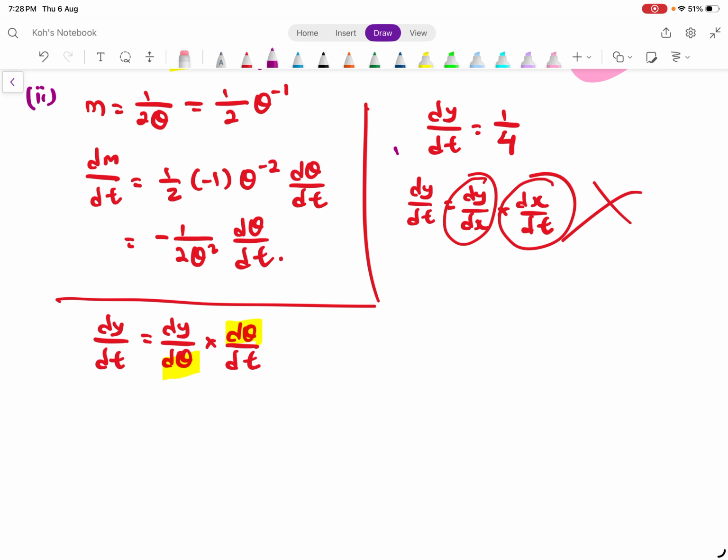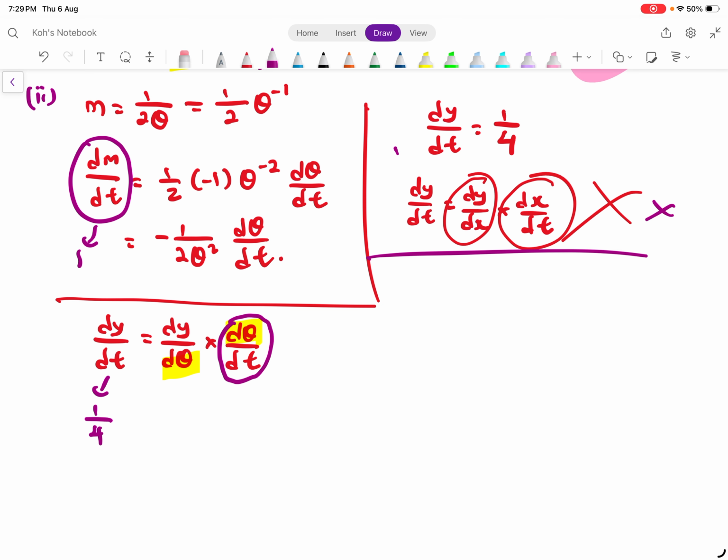Okay, dy/dt is 1 quarter, 0.25. So shall we make d theta/dt in terms of dm/dt, because dm/dt they actually tell us is 1. So dm/dt is equal to minus 1 over 2 theta square d theta/dt, and this whole thing is 1.